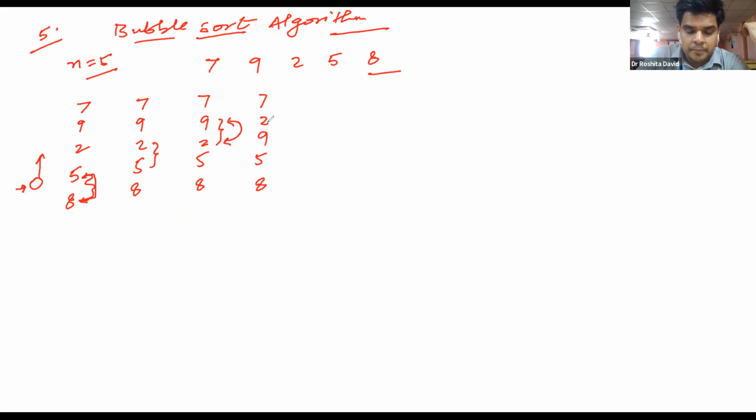Now I will compare these two. 2 is lesser than 7, so 2 will go up. I'm swapping again. So we get 2, 7, 9, 5, 8. 2 is the smallest one, which is on top now. 1, 2, 3, 4: after 4 comparisons, I get 2 on top.